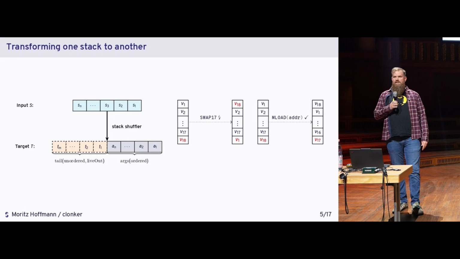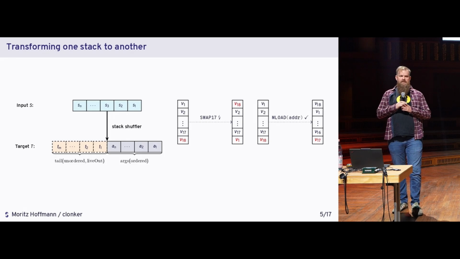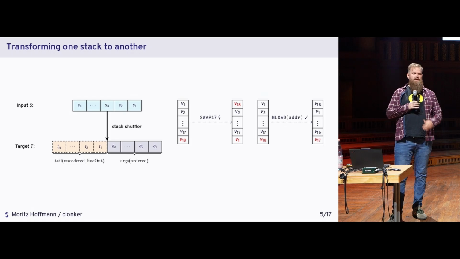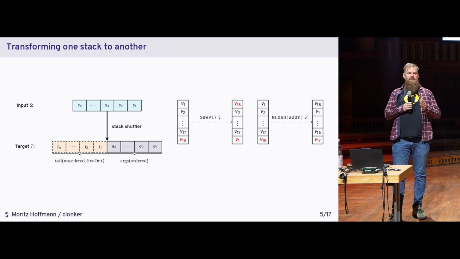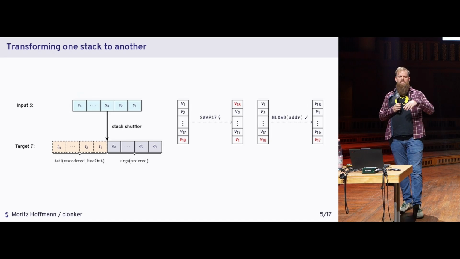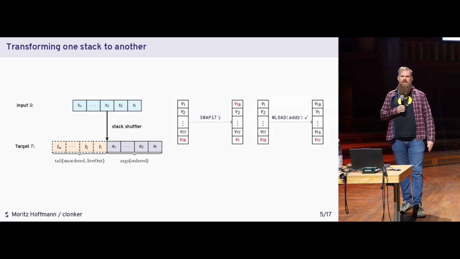So where does this stack too deep come in? And here I have a small example. So we have a stack with V1 on top and then all the way down to V18. And we might want to change this shape of the stack symbolically to V18 being on top and V1 being at the bottom.